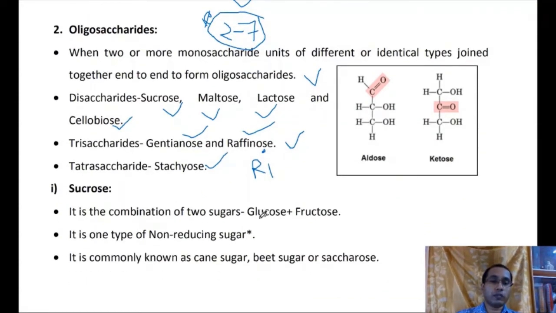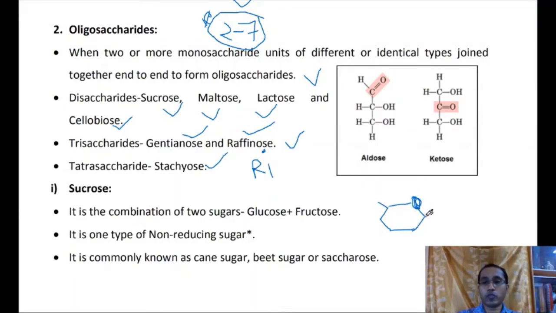Now about sucrose. Sucrose is a combination of two sugars, glucose plus fructose. You can see here the glucose unit I have shown you. This is the closed chain I can show here now. That was the open chain structure of glucose. This is the closed chain structure of glucose. So this is the oxygen molecule.